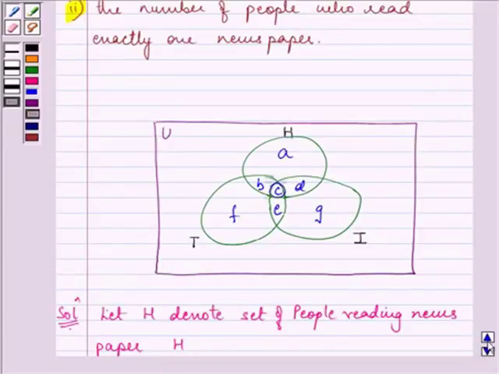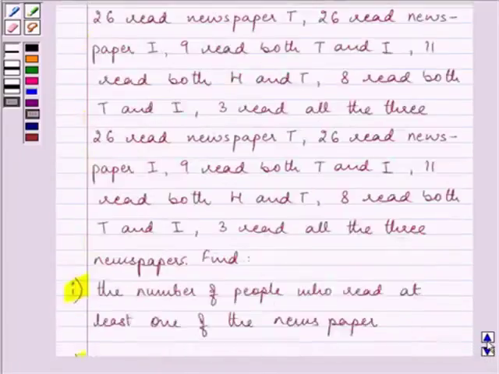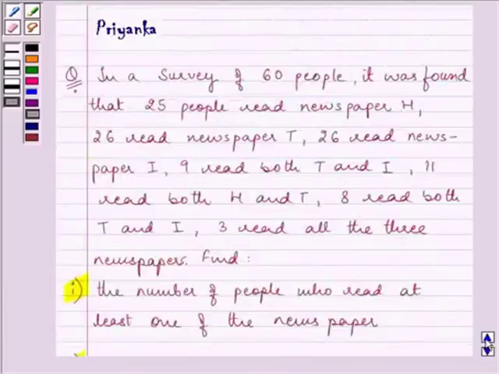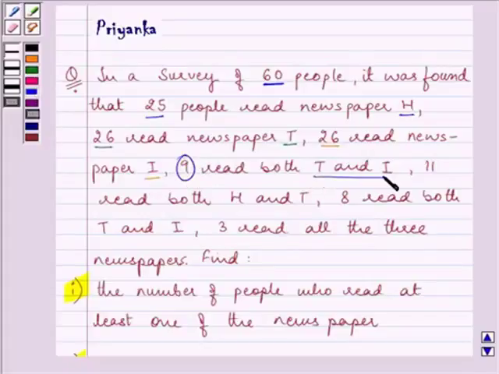So, according to the information we are given, this universal set consists of 60 people, out of which 25 people read newspaper H, 26 read T, 26 read I, 9 read both H and I, 11 read both H and T, 8 read both T and I, and 3 read all the 3 newspapers.